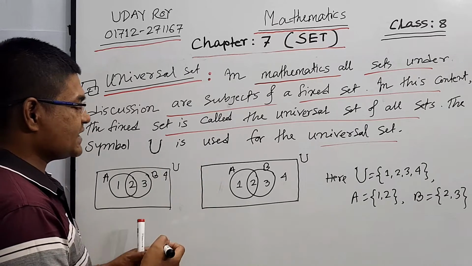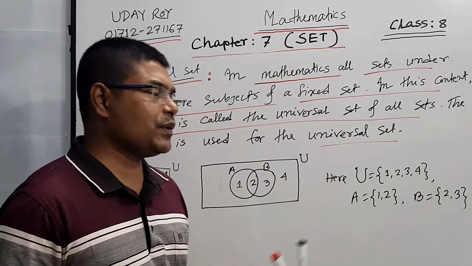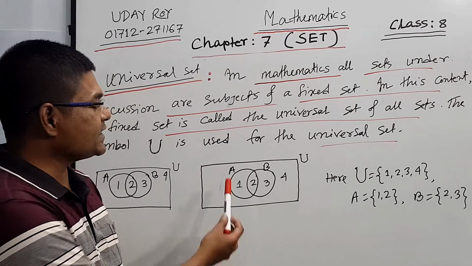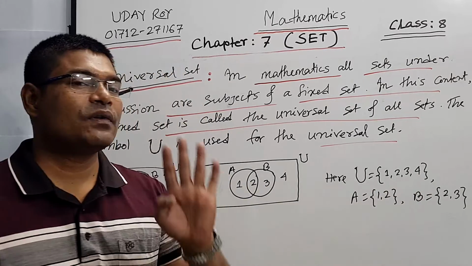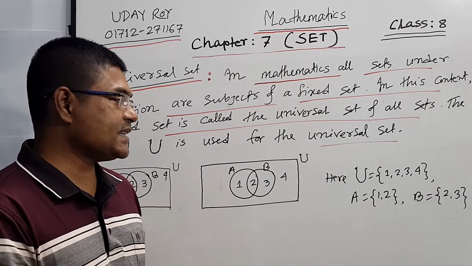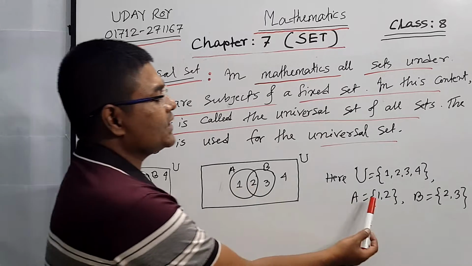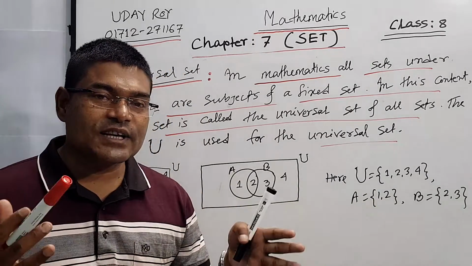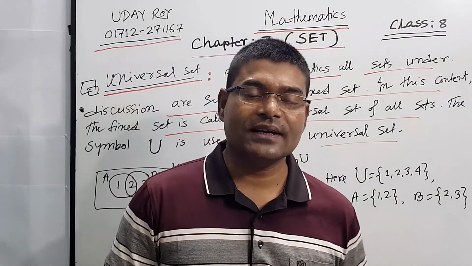And the universal set, I have drawn the same way. Now the universal set is equal to 1, 2, 3 and 4. Here are 4 elements. Now set A is equal to 1 and 2, and set B is equal to 2 and 3.